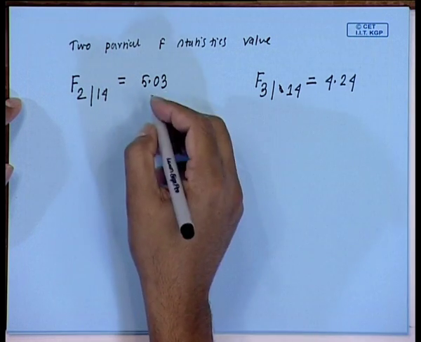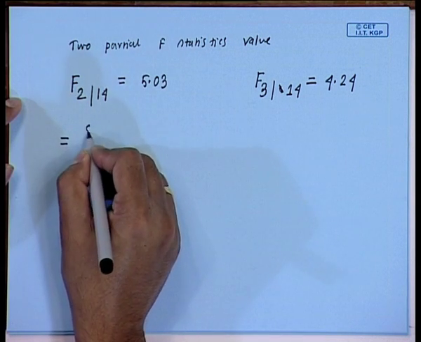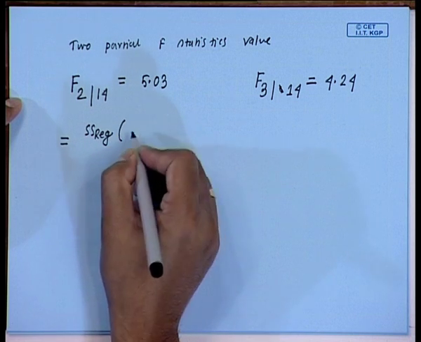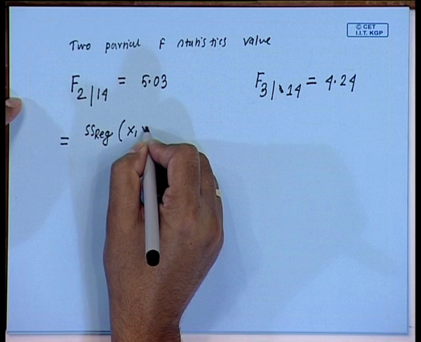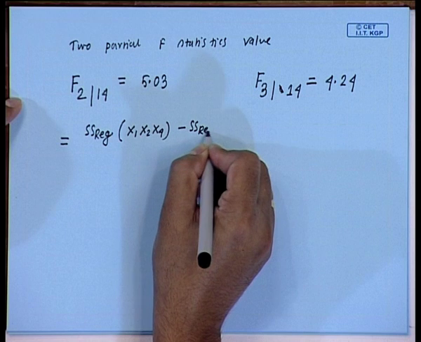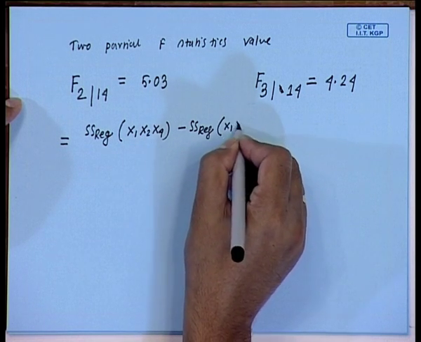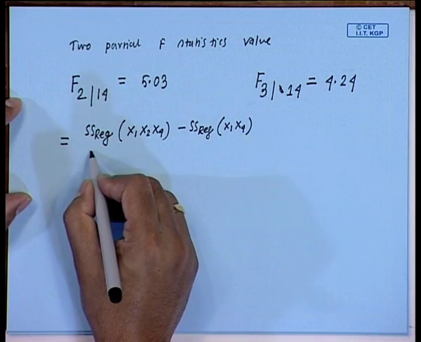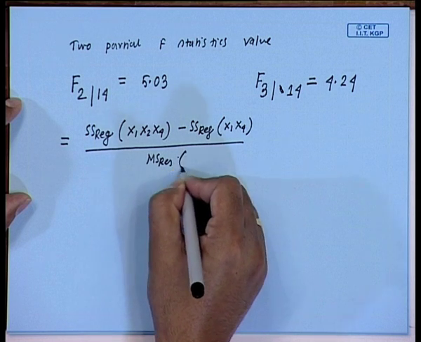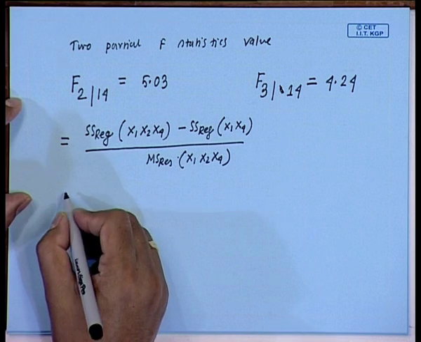Okay. Maybe I will just write down this one. See, this is equal to SS regression for the full model, that is x1, x2, x4, minus SS regression for the model involving x1 and x4, divided by MS residual for the model involving x1, x2, x4.